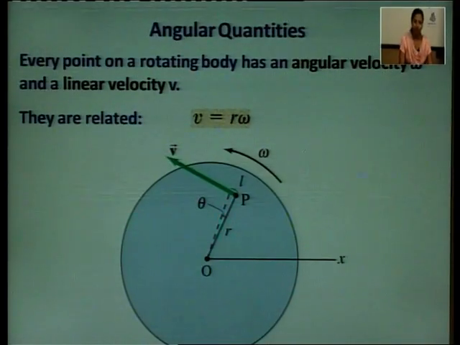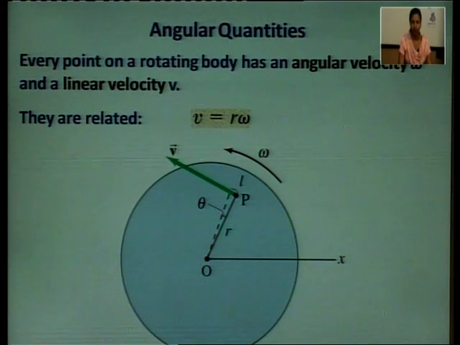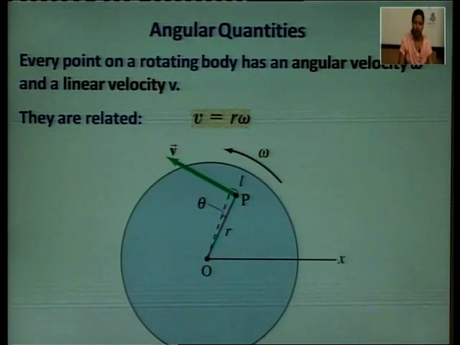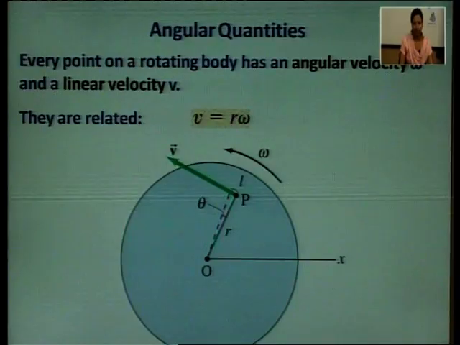Next, we come to the relation between the angular quantity, omega, and the linear quantity, velocity. In linear motion we use the terms velocity, acceleration, displacement, but in circular motion the quantities used are angular displacement, angular velocity and angular acceleration. All these terms are interlinked by v is equal to r omega, where v is velocity, r is the radius of the circle or the distance of the point at which the body is located, and omega is angular velocity.